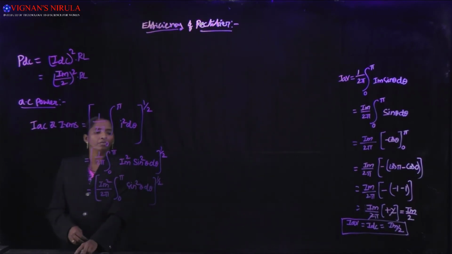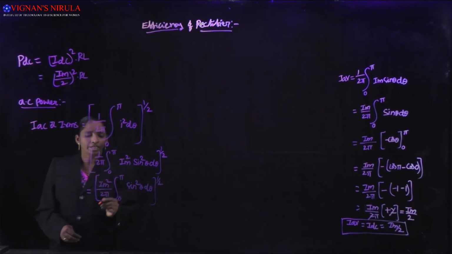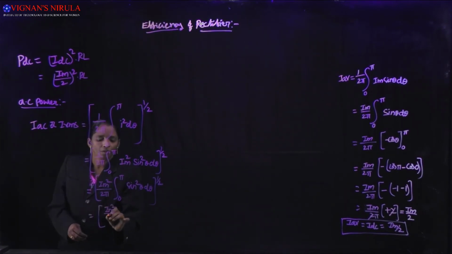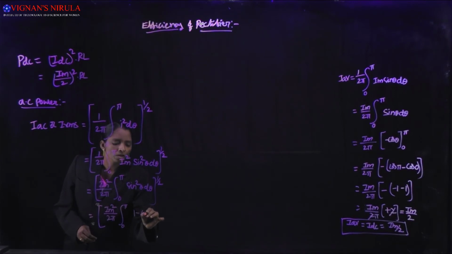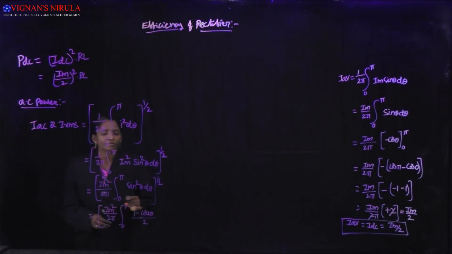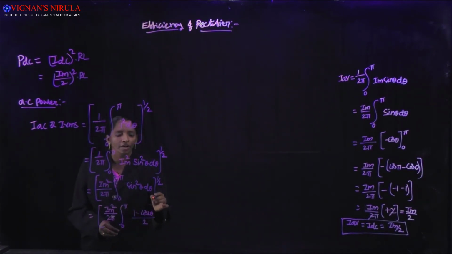Now write the formula for sin square theta. Im square divided by 2 pi integral 0 to pi of 1 minus cos 2 theta divided by 2. This is the formula for sin square theta in terms of cos.